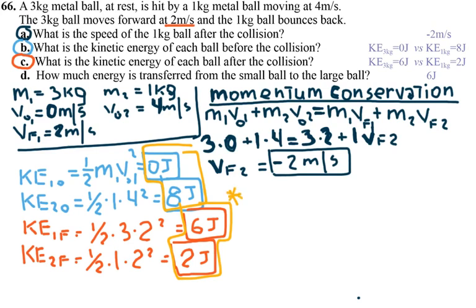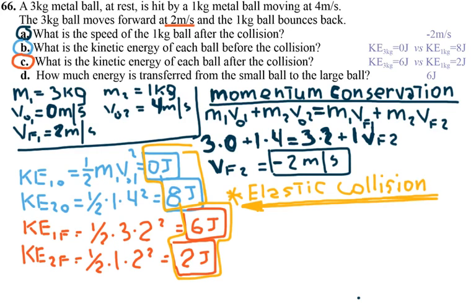If the energy is conserved during the collision, it's called an elastic collision. And often they will ask you, is the collision elastic or inelastic? In this case, because none of the energy was lost for anything else, this collision is going to be elastic.